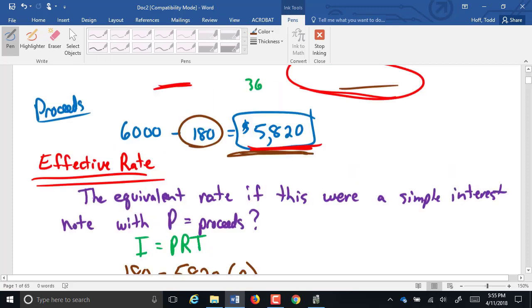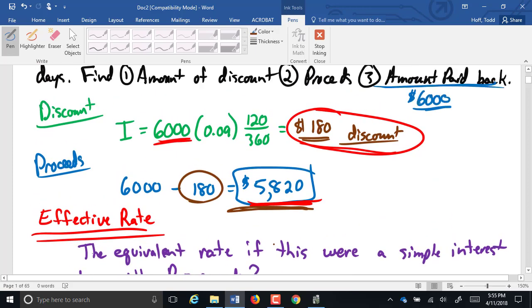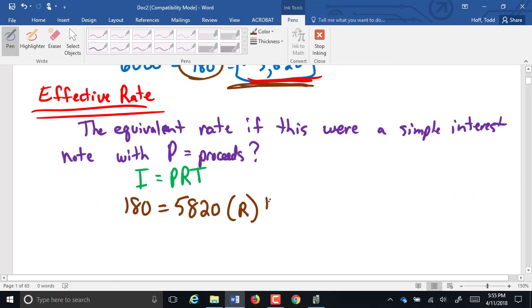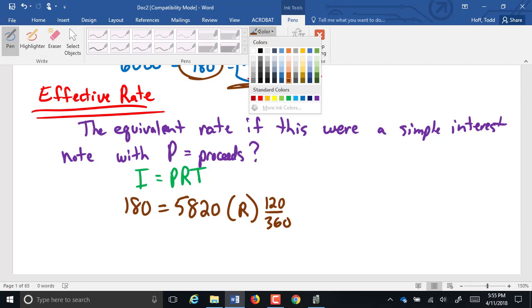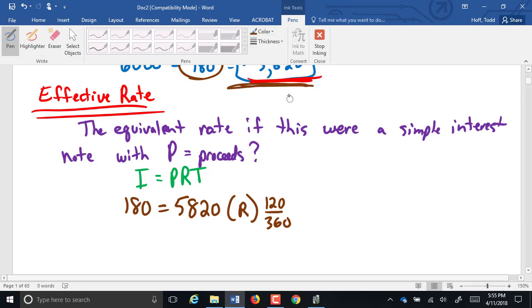Our time, what was this, 120 days? Yes. It was 120 over 360. So this goes back to what we were doing in the first hour last week, just solving this equation. So the 180 over here doesn't change. We're going to combine the 5820 and the 120 over 360.